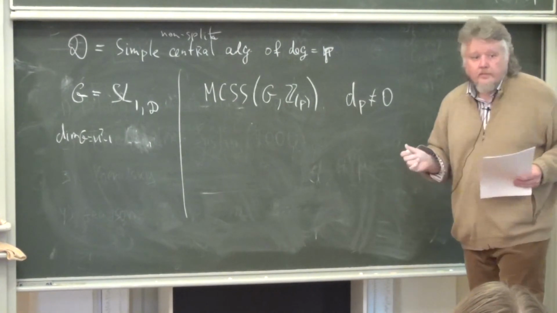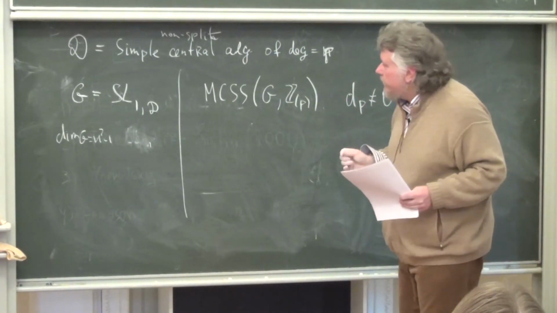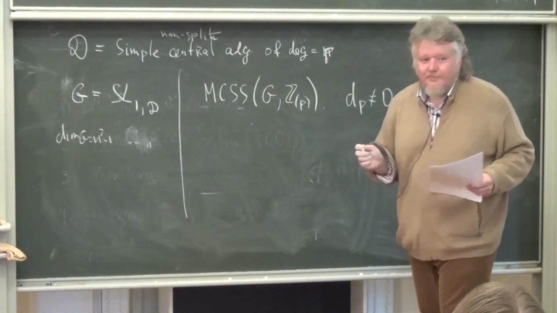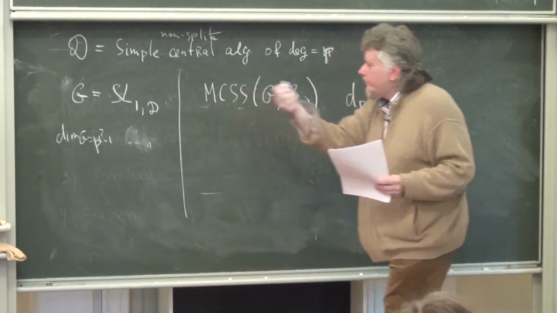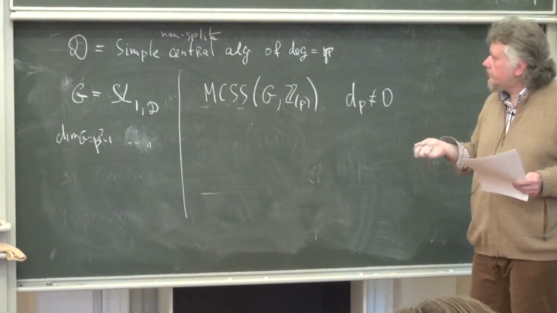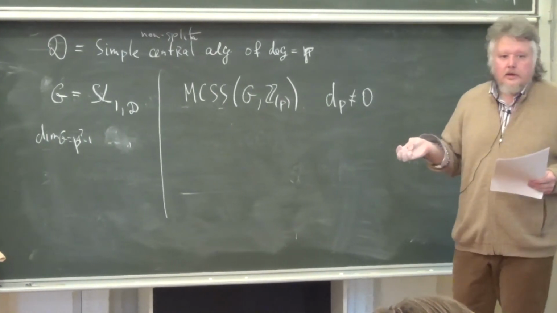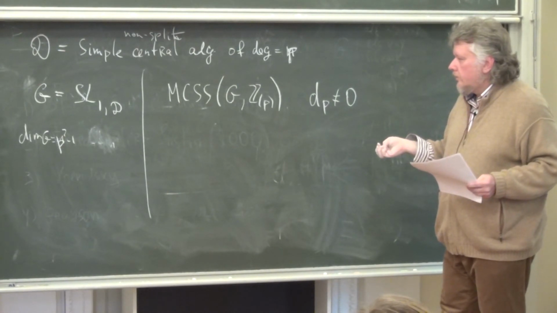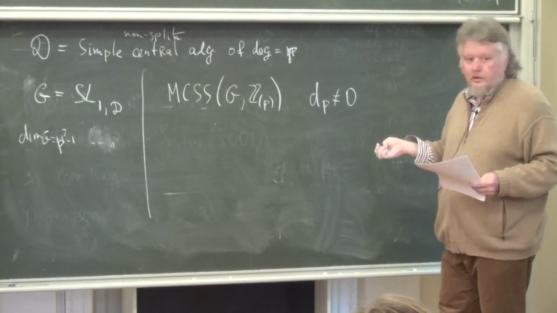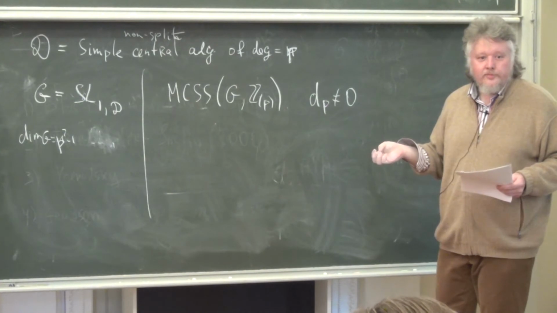I'm sorry, what is n here? N is p. And here is p. Which variety of matrices has dimension p squared minus 1? SLp. Okay.